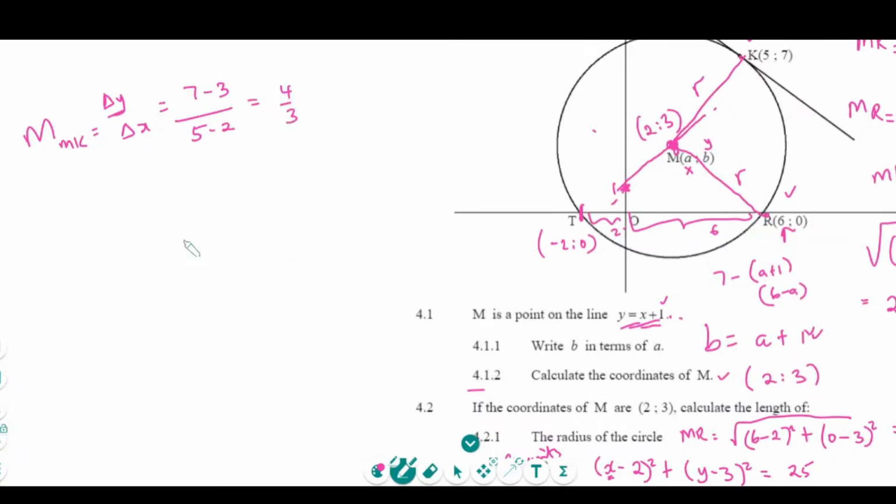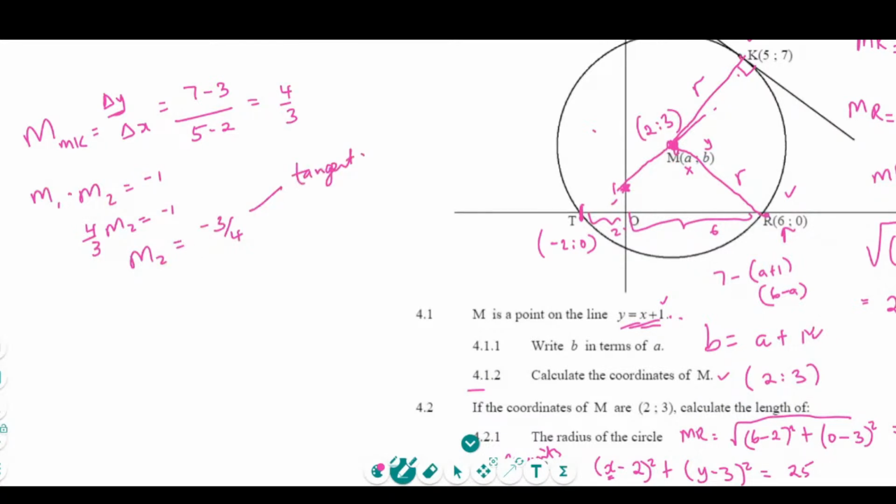But we know that this radius is perpendicular to that one. And we know that m1 times m2 must give us a negative 1. So 4 over 3 times m2 is equal to -1, which means the gradient m2 is going to be -3 over 4. So this is the gradient of the tangent.